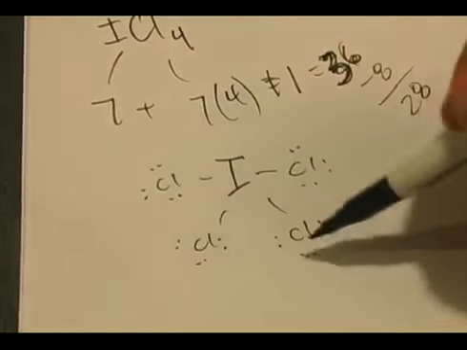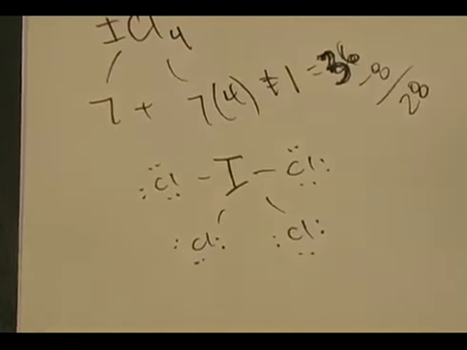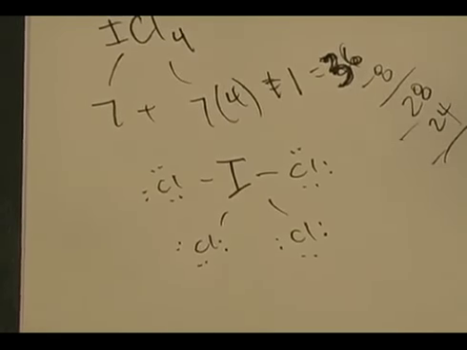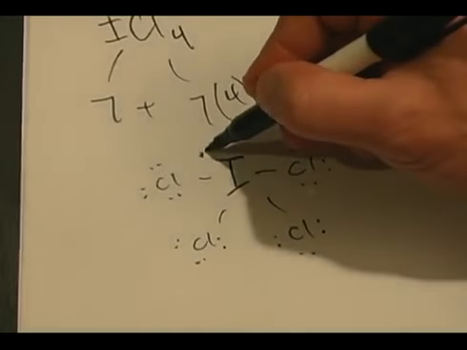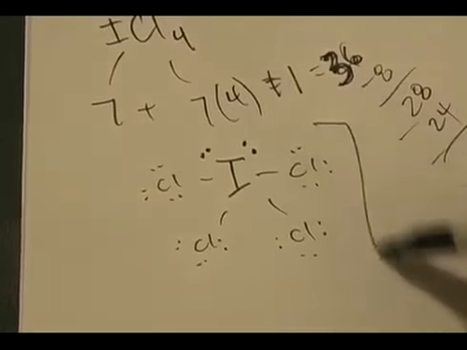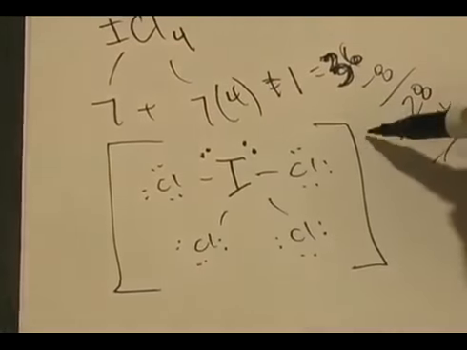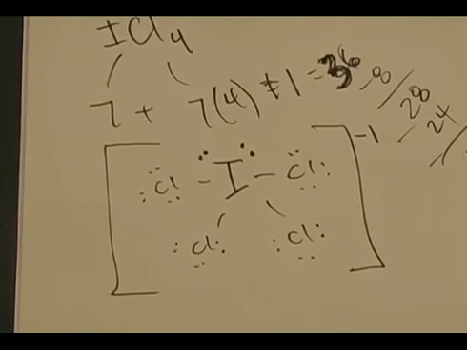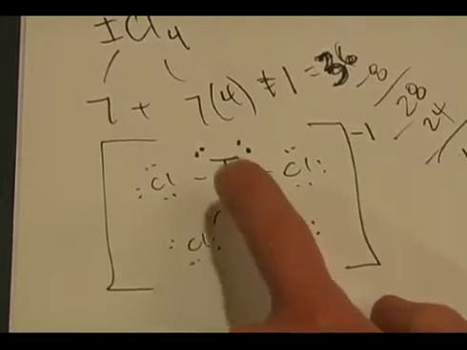So 4 times 6 is 24. 28 minus 24 is 4 electrons left. 2 pairs left. Put them on the central atom. There is my ICl4. It's an ion, so put brackets and a negative 1 charge up there. There's my ICl4 expanded octet iodine right here.